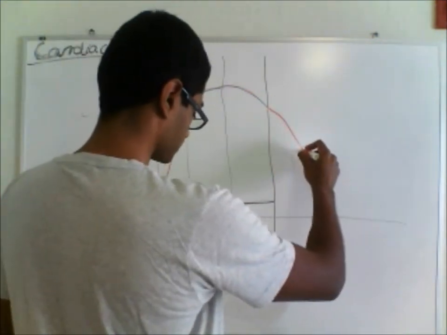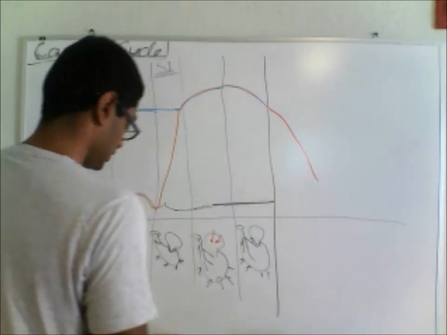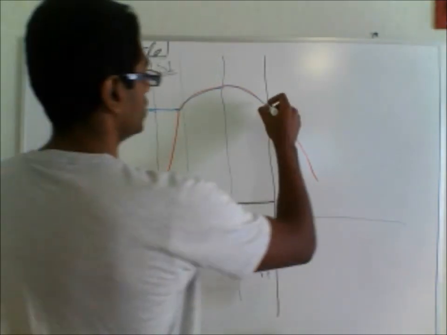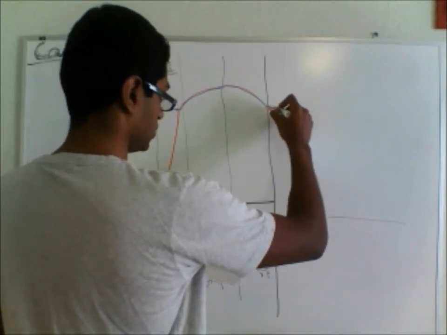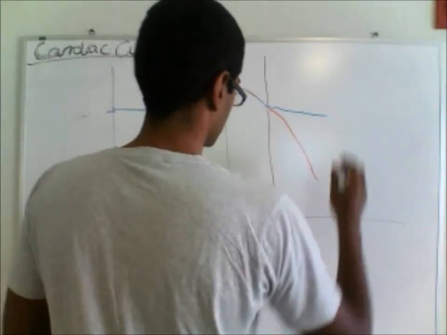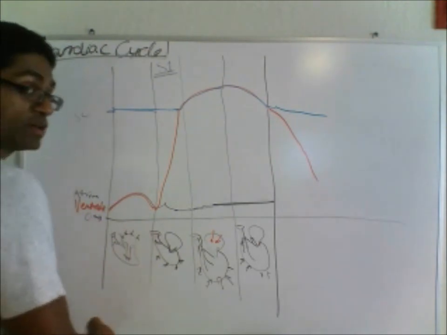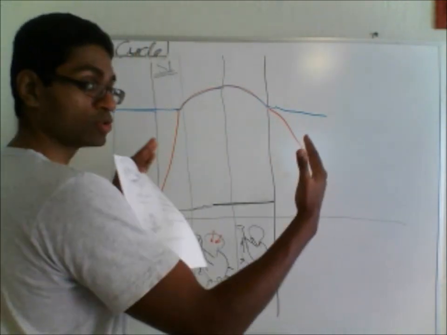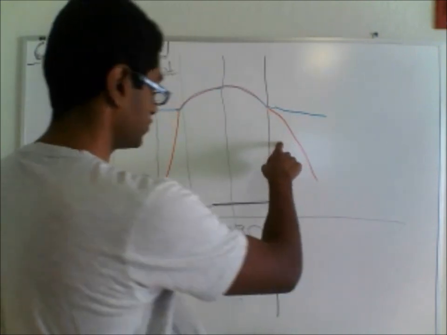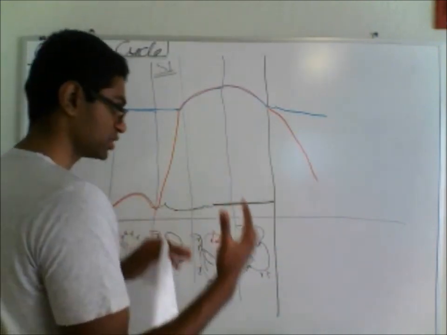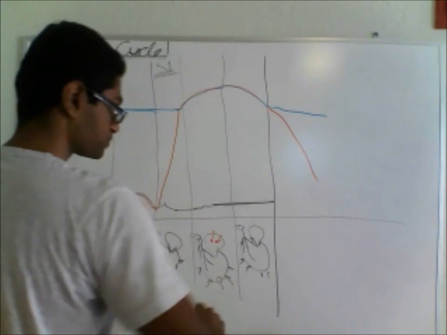Okay, and then you're going to have the aortic pressure. Once the aortic valve is closed, it's going to continue like so because the valve is closed, but now the aorta is bulged and it's continuing to push. So that pressure is going to slowly go down, but not as fast as the ventricle. So it's going to continue to push all that blood out into the tissue.